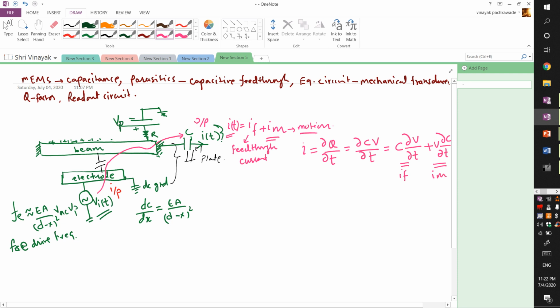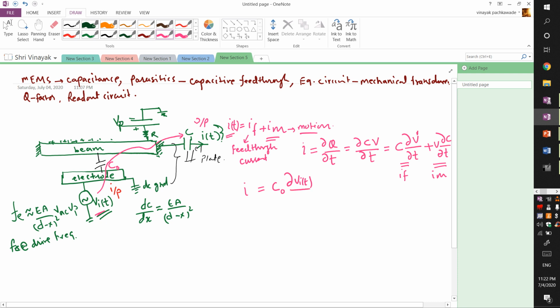We can further write it as i(t) is equal to C0, which is the inherent capacitance between these two plates. And what is the voltage? That is Vi of t. So this voltage over here, that is Vi of t.